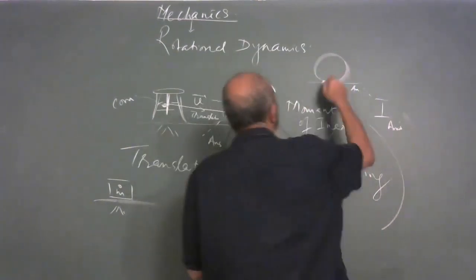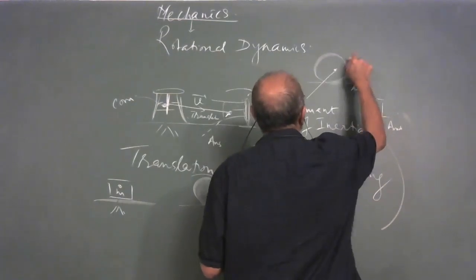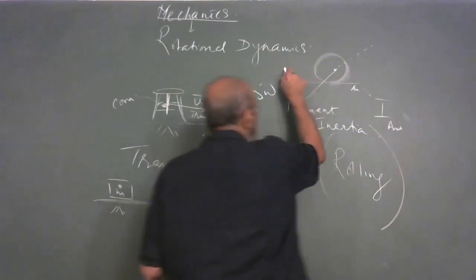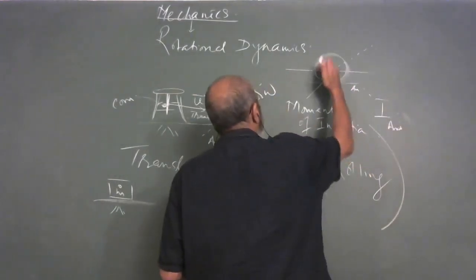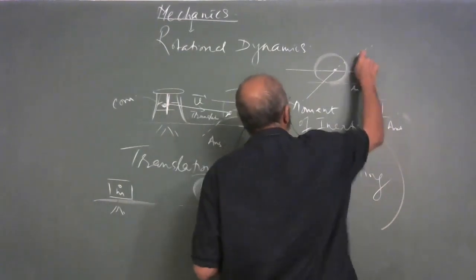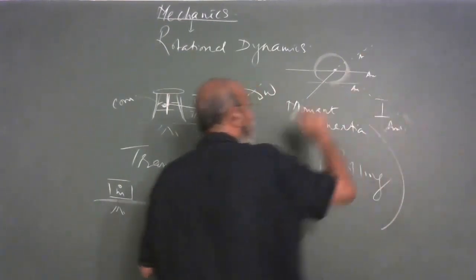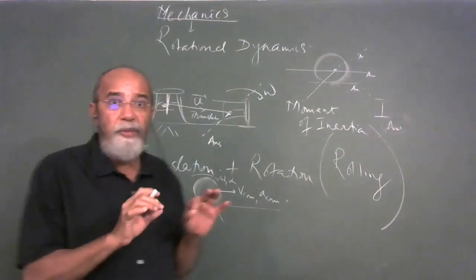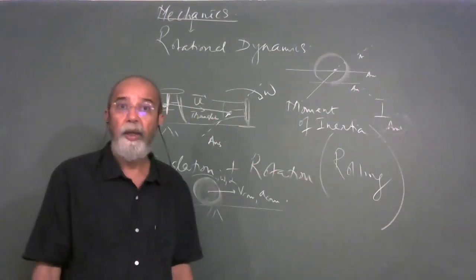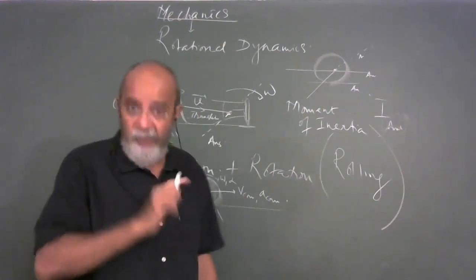Or about this axis? Or about this axis, spread and spread? About which axis are you spreading the mass? You must mention. Moment of inertia about which axis? You know, I know.